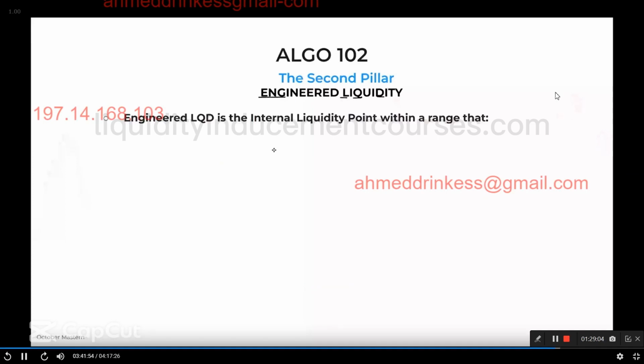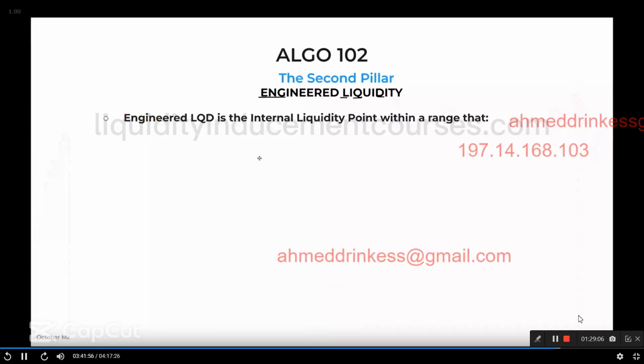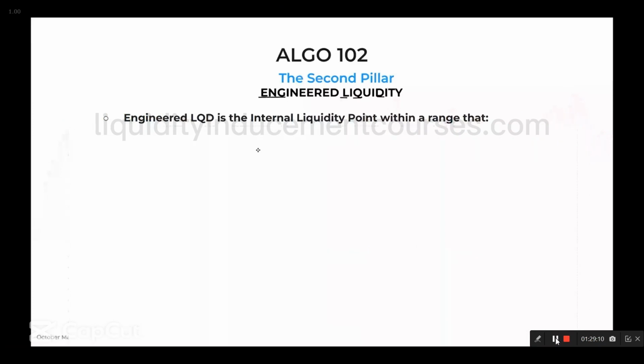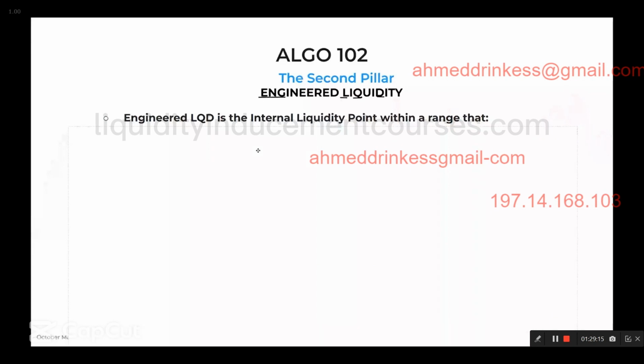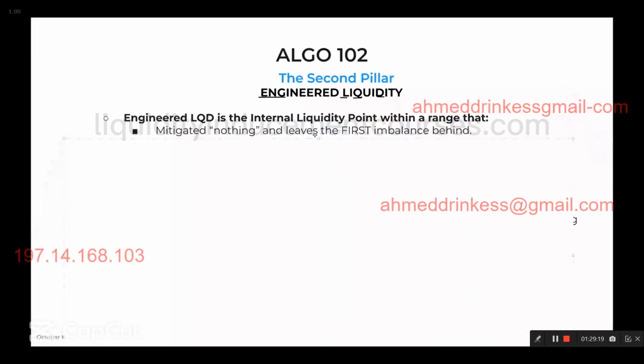What is it? Engineered liquidity is the one specific internal liquidity point within a range that mitigated nothing and leaves the first imbalance behind.